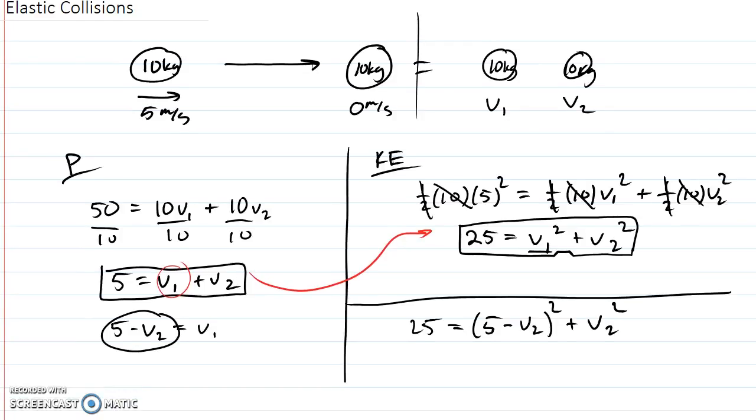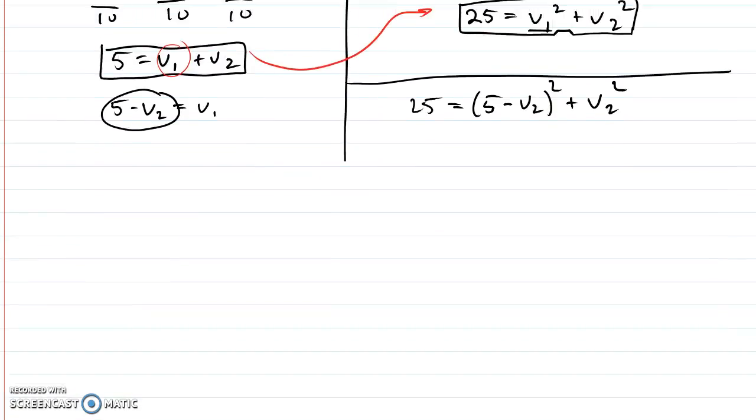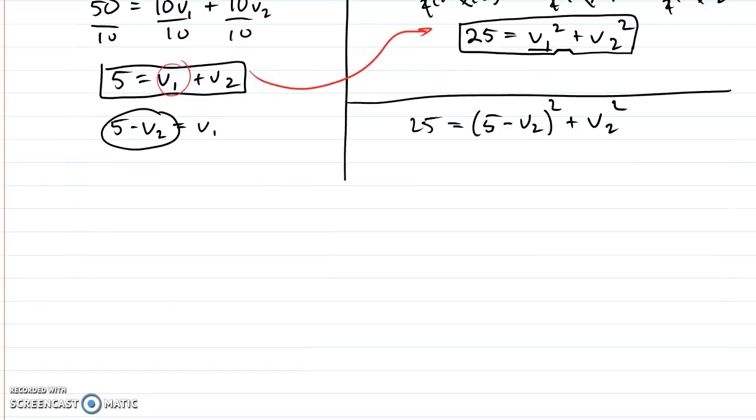Okay, now I have to scroll down here a bit. Now, when I substitute in, I actually have one equation with one unknown. So I just have to simplify. First of all, I'm going to FOIL this out. This is actually the same as 5 minus v2 times 5 minus v2 plus v2 squared.